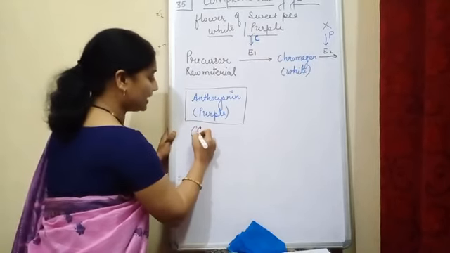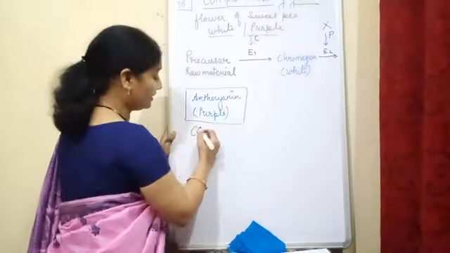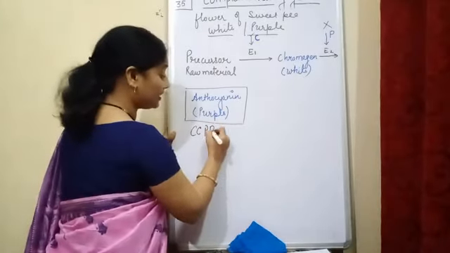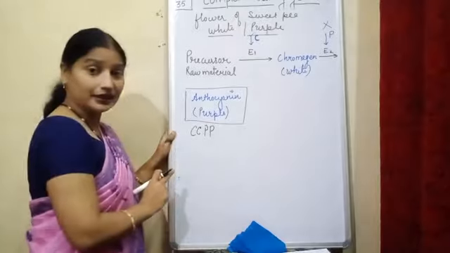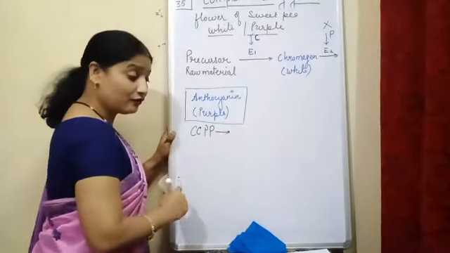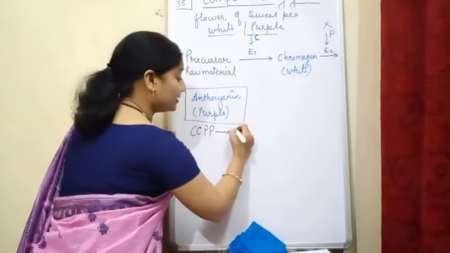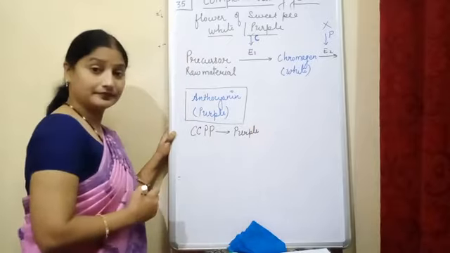Suppose if CC, this gene is responsible for E1, and PP is responsible for the anthocyanin, that is responsible for the E2. If they are in dominant condition, then what will be the color of the flower at the end? The flower will be purple.